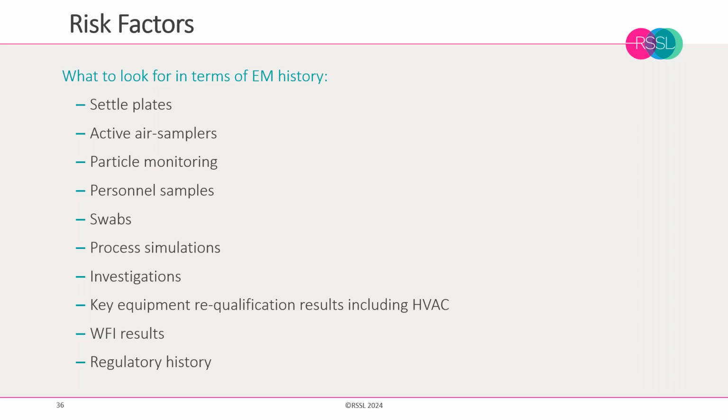So if we get an area where we're having higher levels of, say, spore forming organisms, that can be as equally bad as counts several magnitudes above the action level.